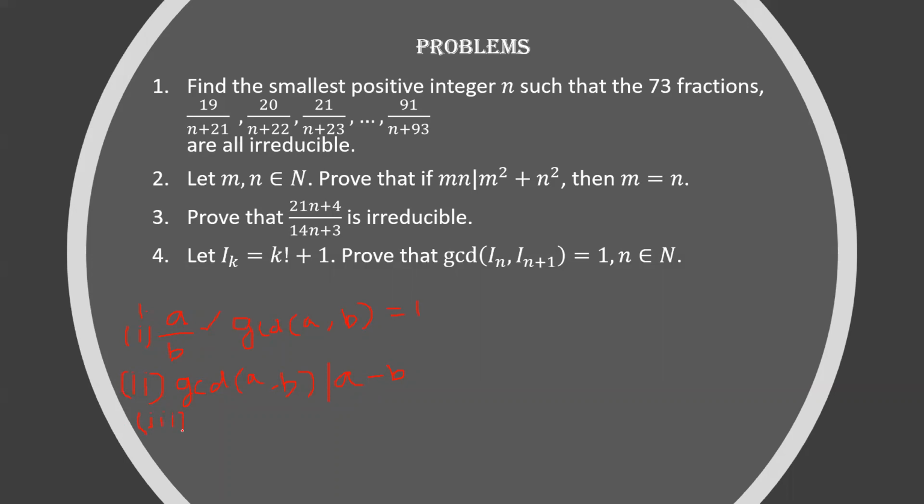Now see, when you have all these fractions, we can say that the GCD of n plus 21 and 19 divides n plus 2.